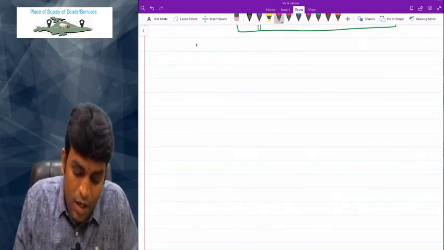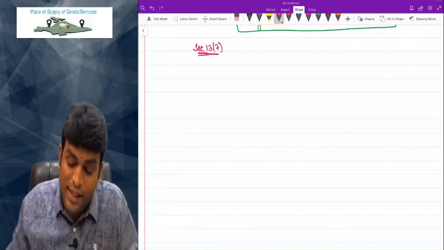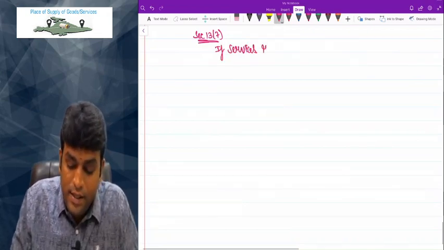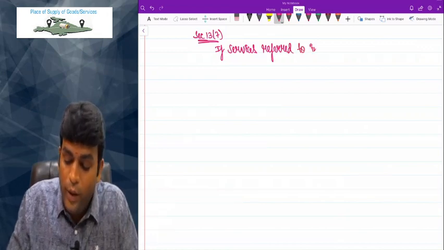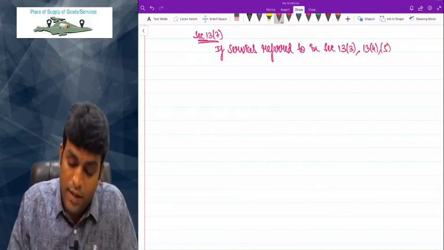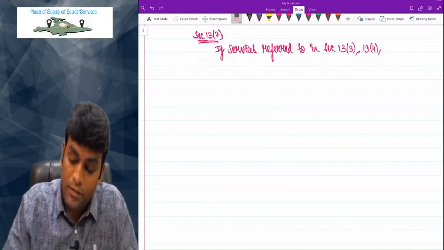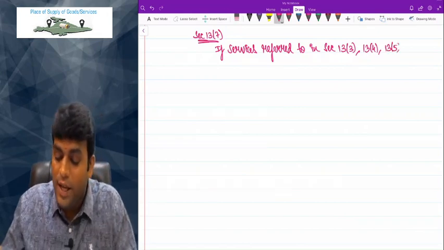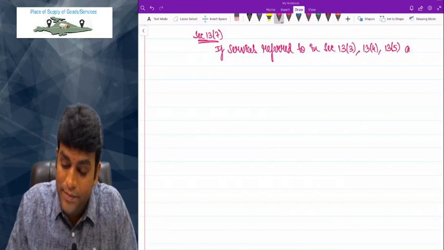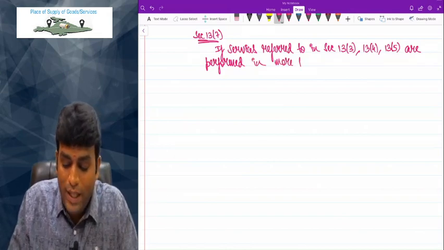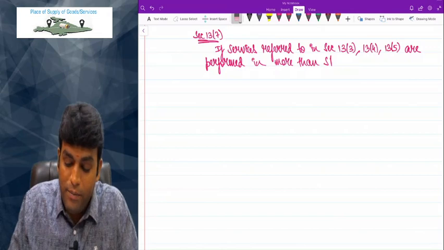Listen why. Section 13.7 says, if services referred to in section 13.3, 4, 5 are performed in more than one state in India.